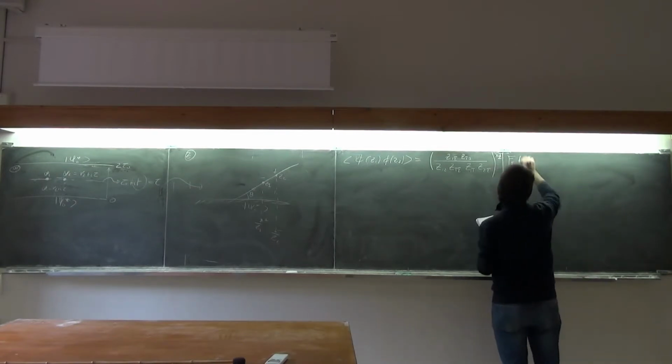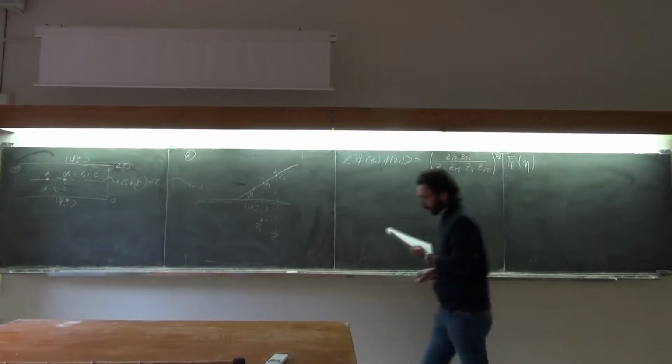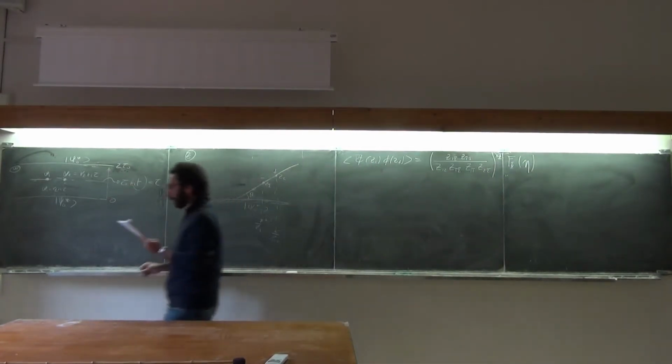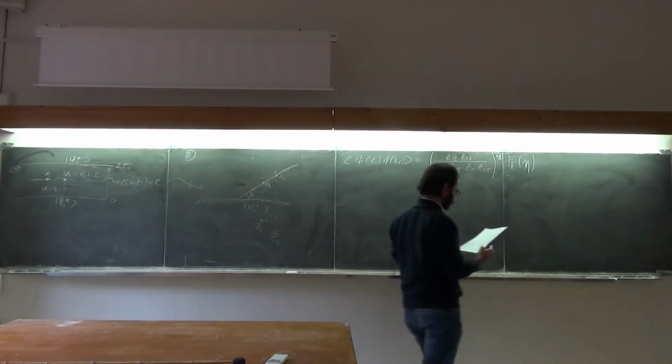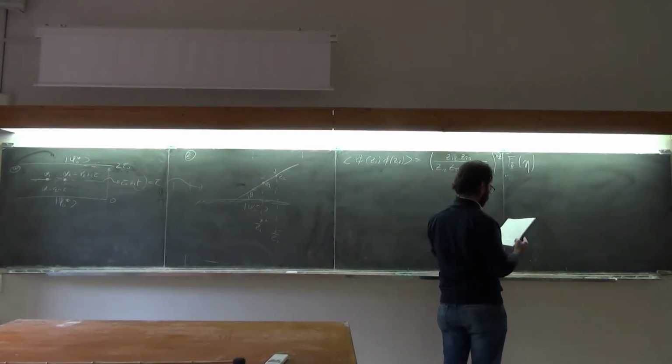of the 4-point ratio. Let's put eta to distinguish it from x that is around all the time. And this 4-point ratio eta can be written in several ways.